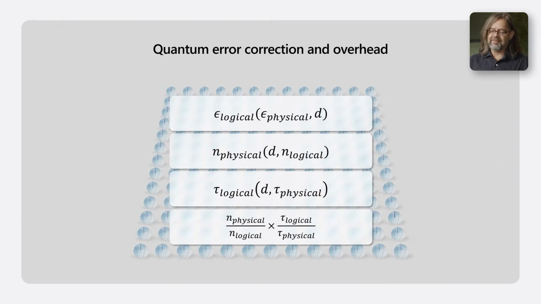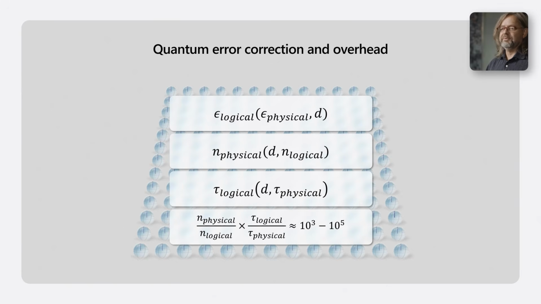That's a factor 100 to 1,000 typically. The time overhead is the ratio of the logical to the physical cycle time. That's a factor 10 to 100. So overall the ratio is a factor 100 to 100,000.